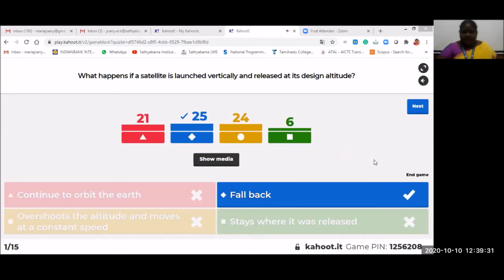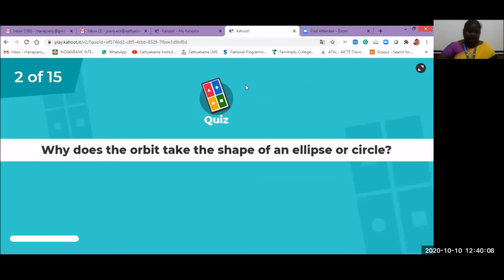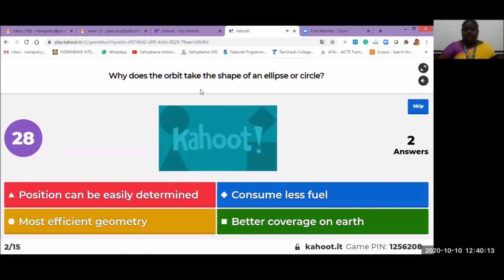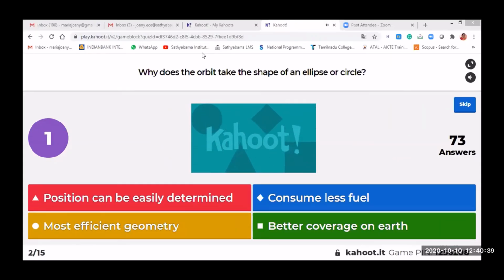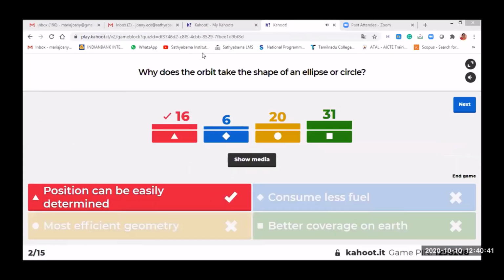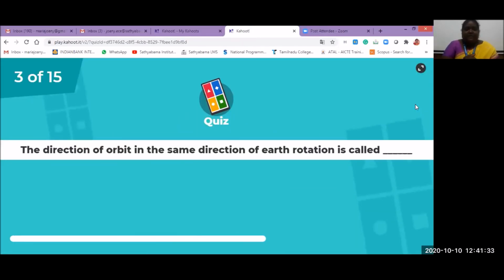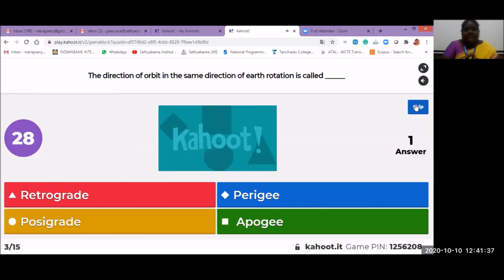Okay. 25 people have answered this correctly. The direction of orbit is in the same direction of rotation of the Earth is called to be. I think this question also I have asked.